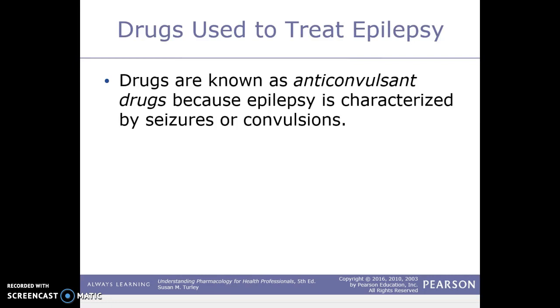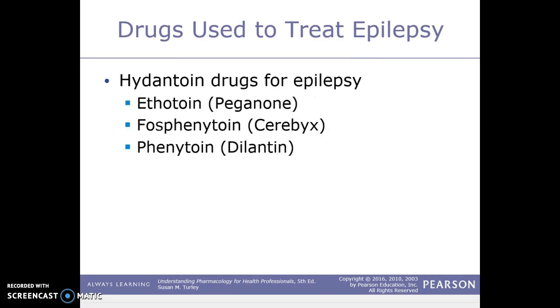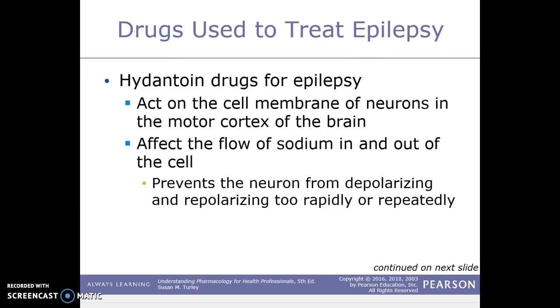Some of those drugs that you're going to see most commonly: Dilantin is probably one of the most common ones that I'm familiar with in the retail setting. You're going to see a lot of other ones talked about in this section, and it has to do with how they actually act within the brain. Dilantin, this group of drugs, acts on the cell membrane and affects the flow of sodium in and out of the cell.